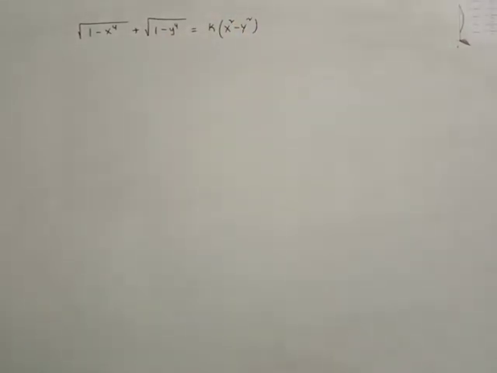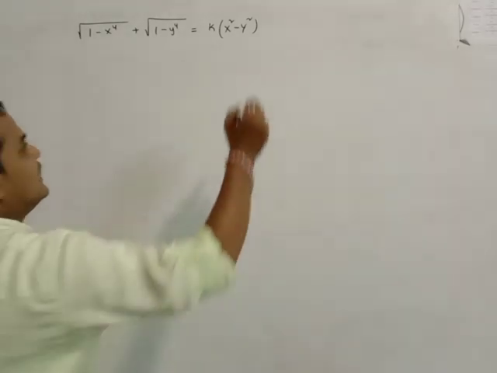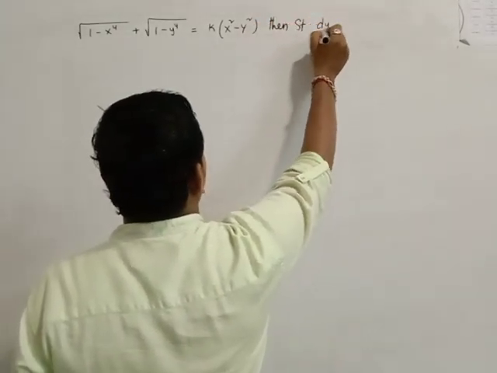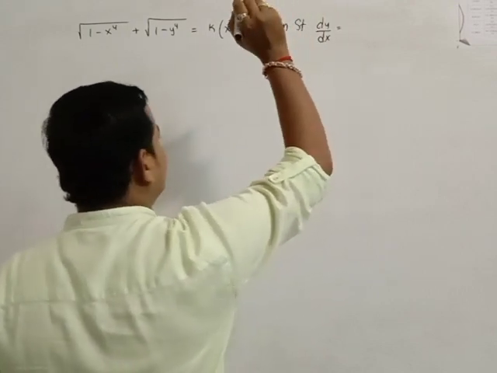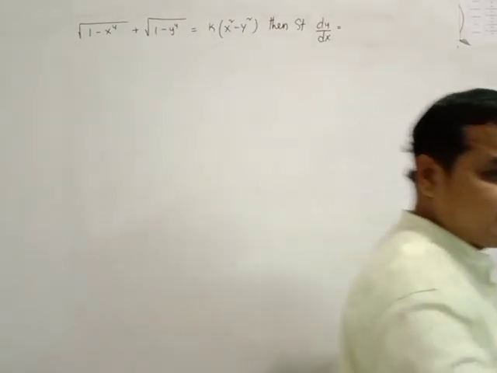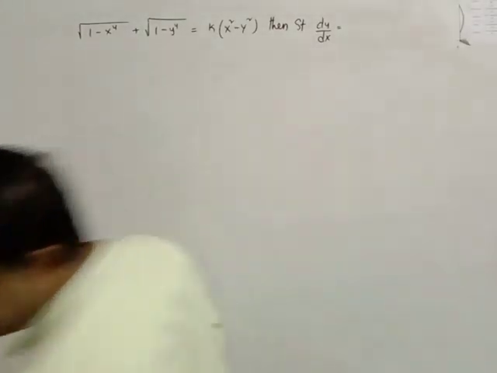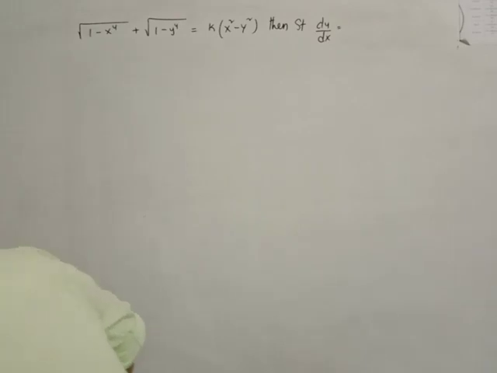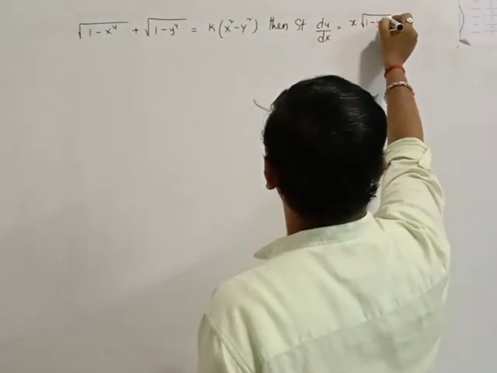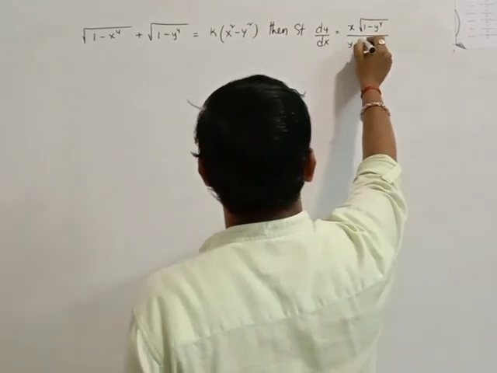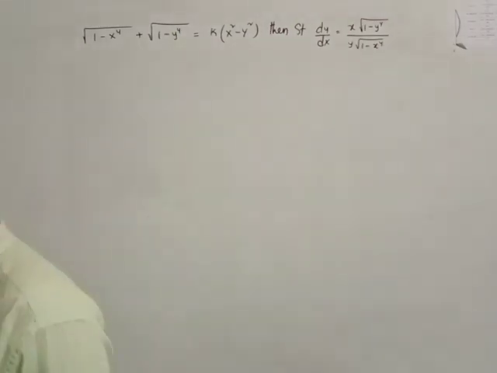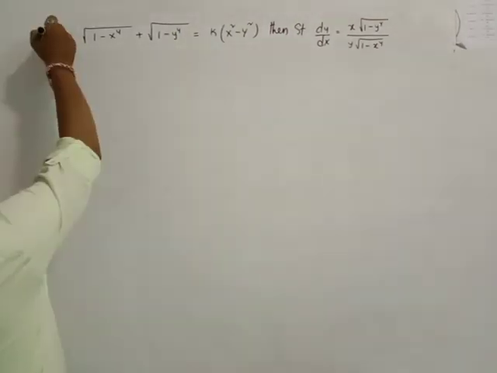Then dy by dx is equal to x into root over 1 minus y power of 4 by y into root over 1 minus x power of 4. This is the question in your textbook, question number 11, a very important question.